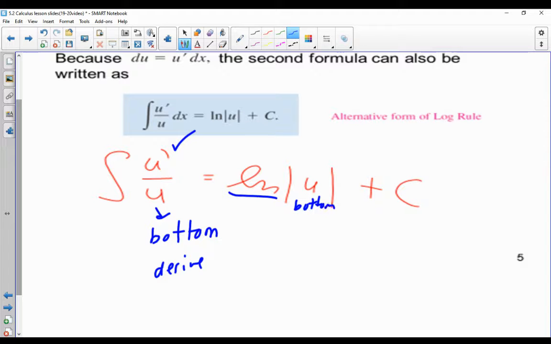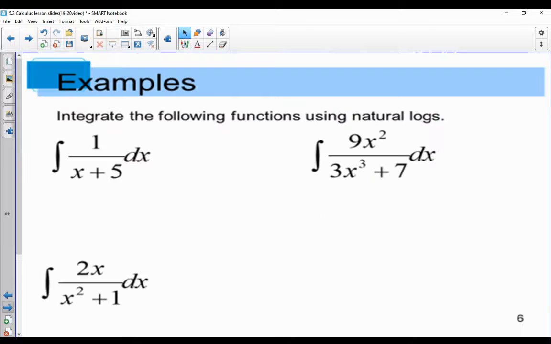And we would say that would be our answer. Of course, make sure you put the absolute values, and you also put plus c. You always use plus c for any indefinite integral.